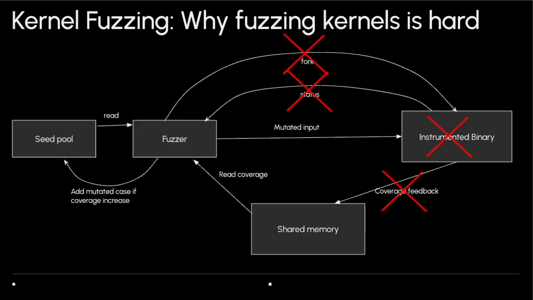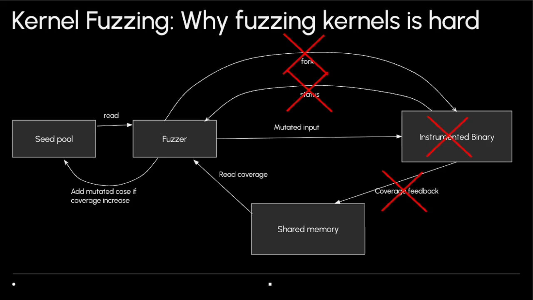Let's go back to the AFL loop and walk through each step with a kernel input as the target. So we can see everything pretty much just breaks down here. The fuzzer can't fork the kernel because the fork model doesn't apply here. We can't deliver inputs via standard in or a temp file because there's no equivalent interface for kernel subsystems.